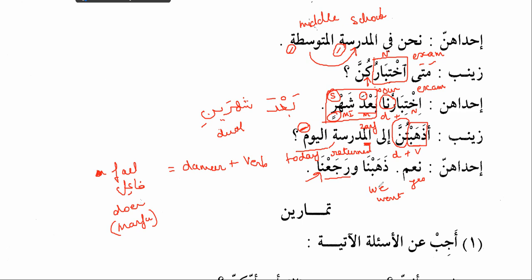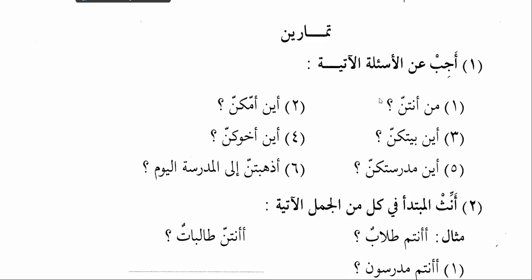Naam, we went and we returned. Okay, this is the translation. And the position of noon is the fa'il. So this is the lesson. Now we will do the question answers here.